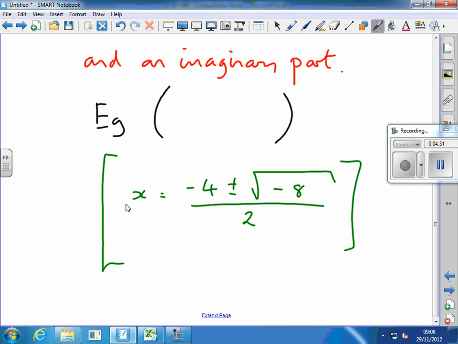We end up with x equals minus 4 plus or minus root minus 8, a negative root, all over 2. So we can actually go on now and solve it, because before we'd have to stop and say no solution because that's negative. But now we can, because we can use the imaginary number idea here.